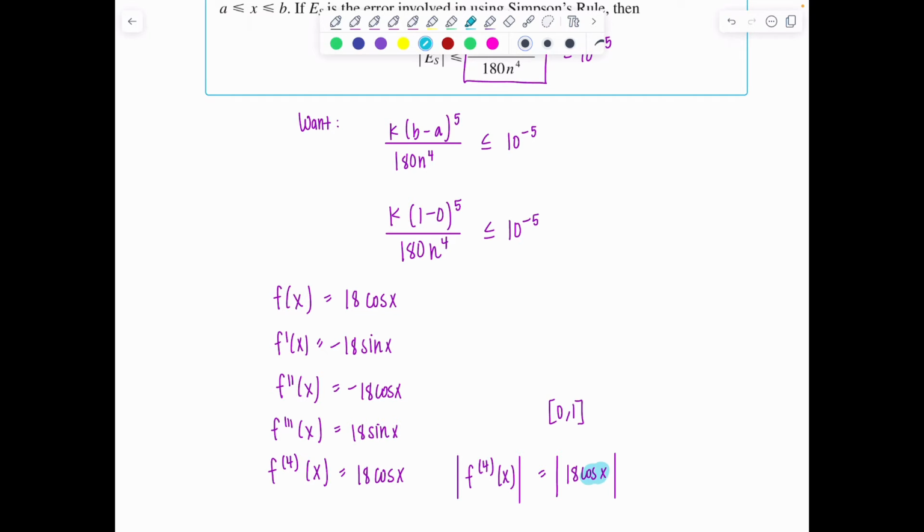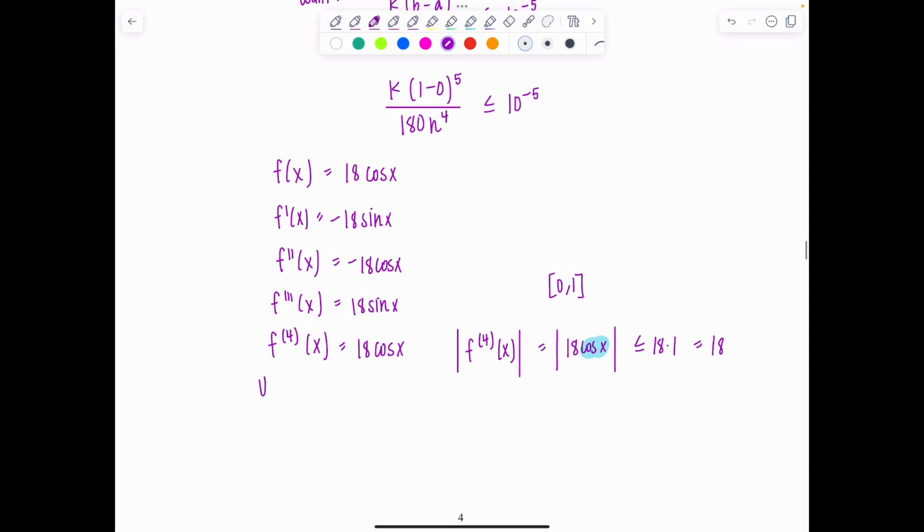If we imagine the graph of cosine x, it's bounded between negative 1 and 1. So the biggest this can ever be is 1. So I can say for sure this is less than or equal to 18 times 1, which is 18. So that's what I'm going to use for k. We're going to use k equals 18.